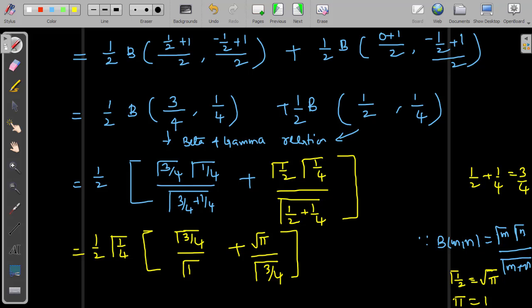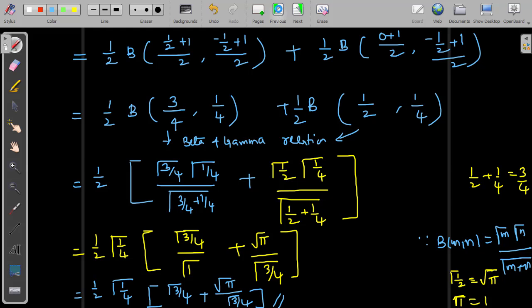As we know, gamma 1 is 1. Finally the result is half times gamma of 1 by 4, multiplied by gamma 3 by 4 for the first term, because gamma 1 is 1, plus root pi divided by gamma of 3 by 4. So this is what we want to prove, hence the result.